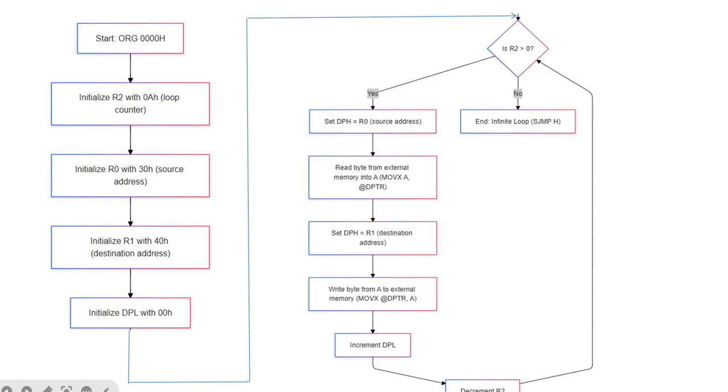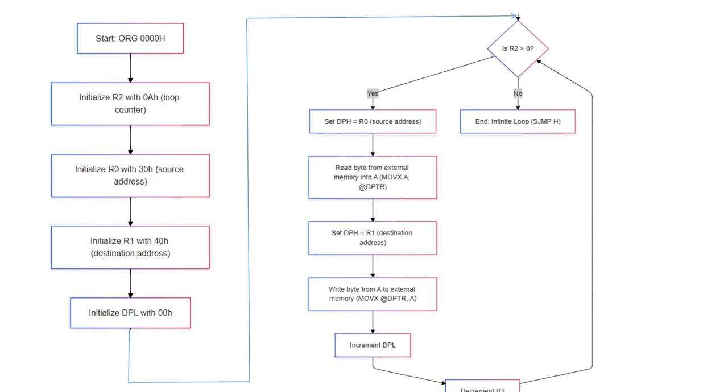So it will increase the destination address and the source address. Earlier the source address was 3000, now it will become 3001H, and the destination address was 4000, it will become 4001H. Once that is done, you have to decrement R2 and check whether it is greater than 0 or not. If it is not greater than 0, then you have to end the program.